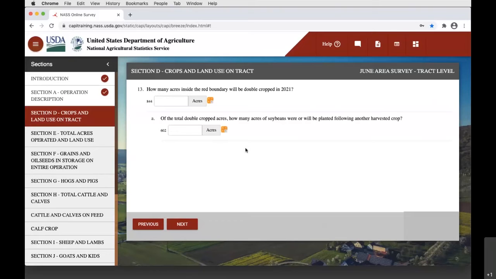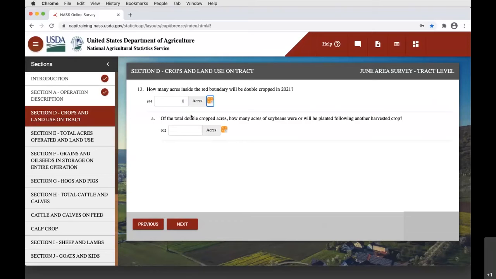In this particular example, since the winter wheat was planted as a cover crop and is not being harvested before the soybeans are planted in that field, then this is not a double cropping situation, and we would say that 0 acres were being double cropped.